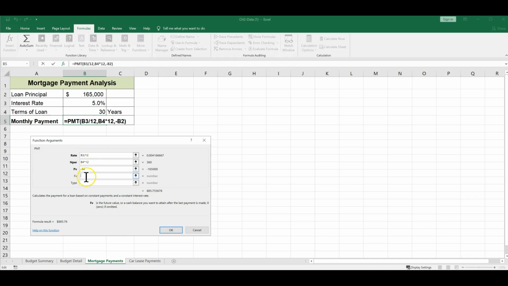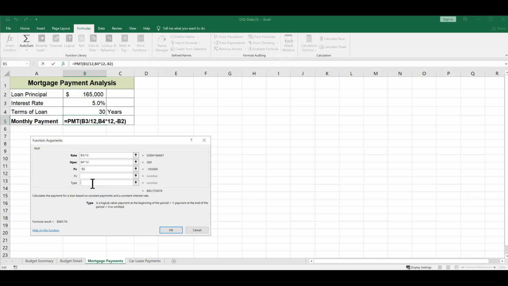So the future value is basically, if there's a balloon payment or there's residual value at the end of the loan period, so you're not really paying off the entire loan down to 0. In this case, it's going to be 0. I'm going to let the software default. And the type is either a 1 or a 0.